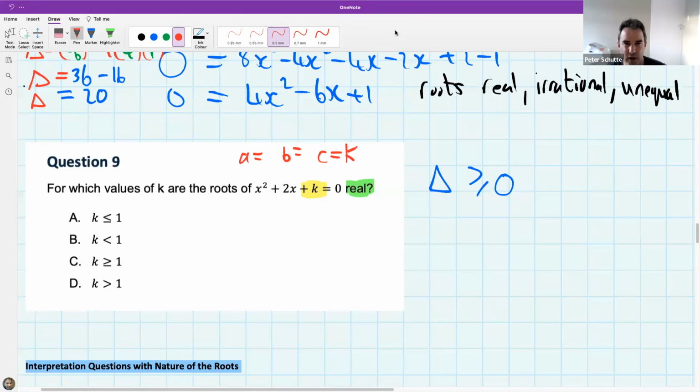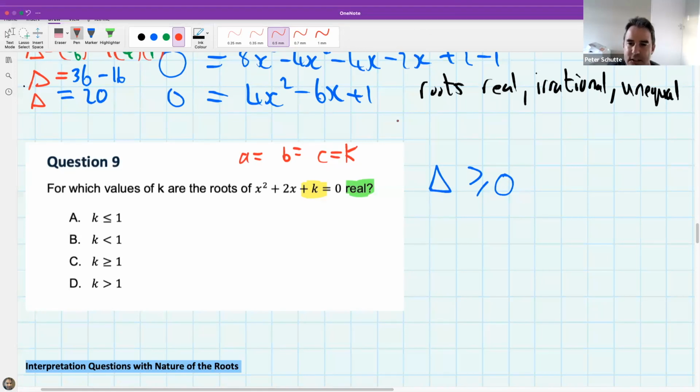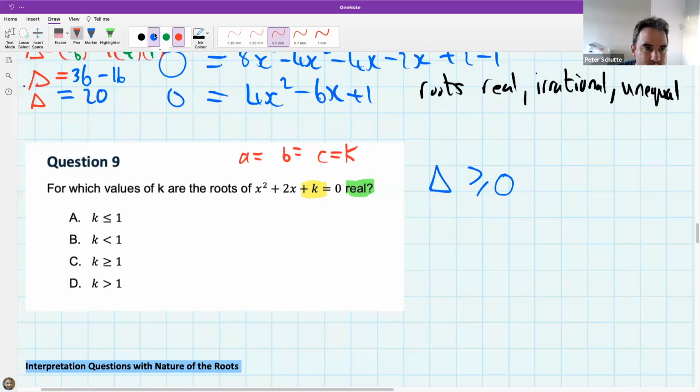This is a bit of a tougher one, but it's good to extend you a little bit. So if A is 1 and B is 2 and C is K, normally what we do in this section is we try and find what delta is. I'd love you to have a go at this.